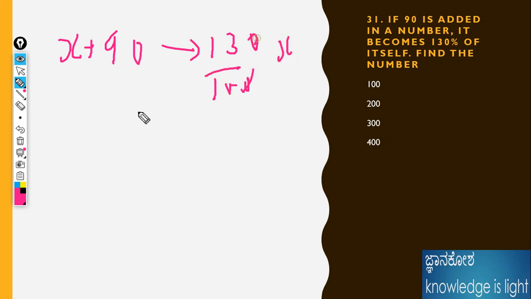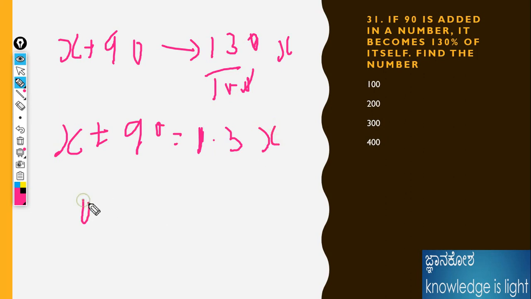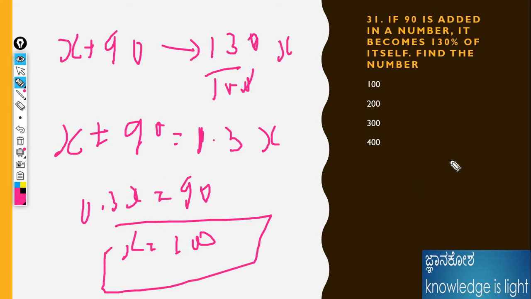So x plus 90 is equal to 1.3x. Therefore, 0.3x is equal to 90. The answer comes as 300, because 3 times 3 is 9, so 300.